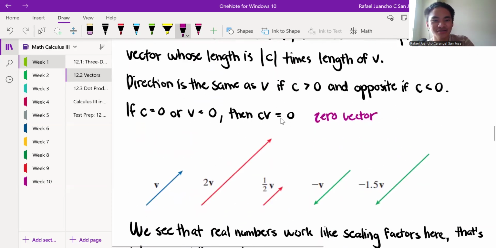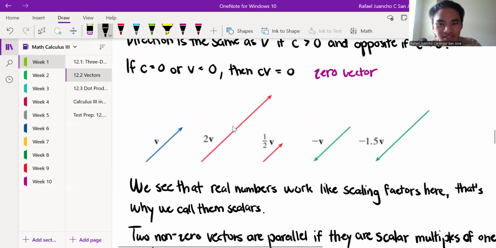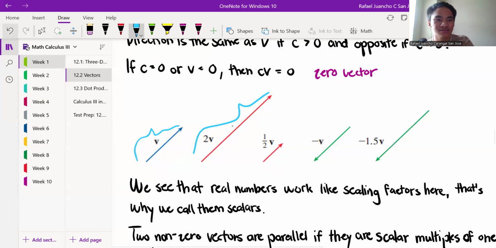When you multiply, let's say you have CV, C is 0, you multiply 0 to V, that's 0. Anything you multiply to 0 is 0. And here are some examples. V to V. So you notice here, V, this is half of this one, right?